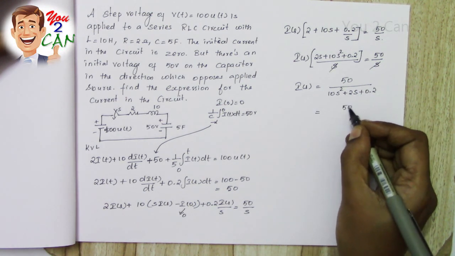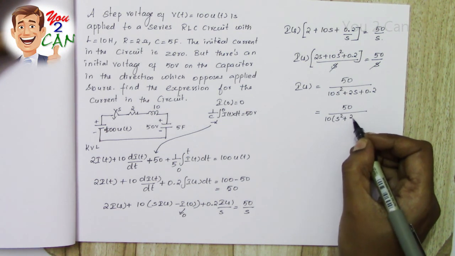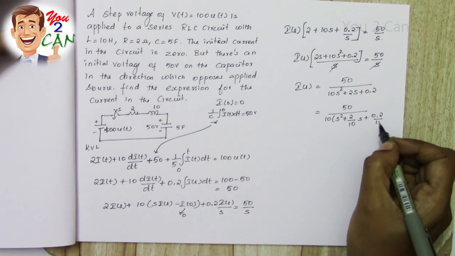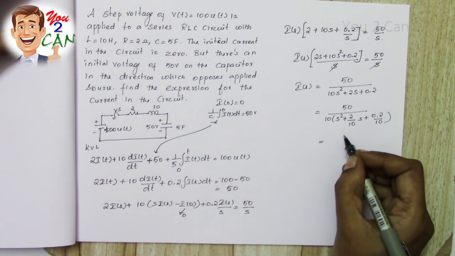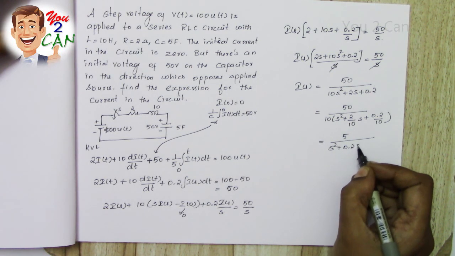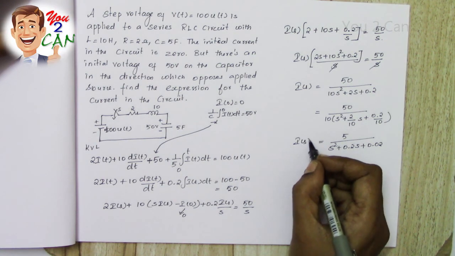Take this 10 outside. 10 into (s squared plus 2 by 10 s plus 0.2 by 10), which will be 5 divided by (s squared plus 0.2 s plus 0.02).